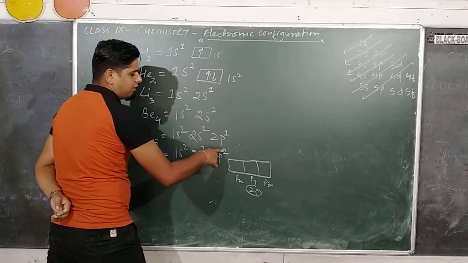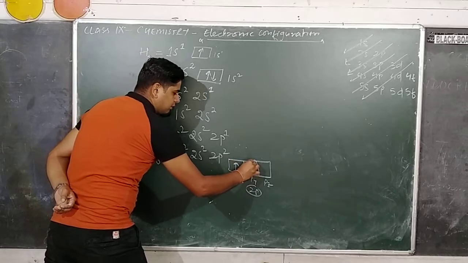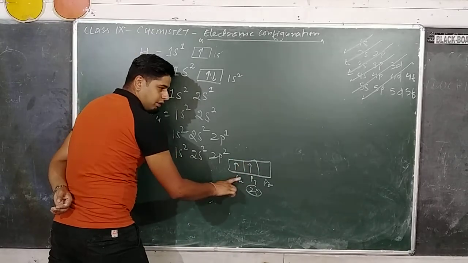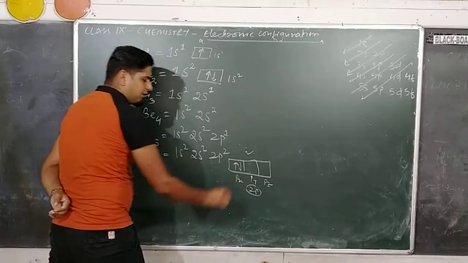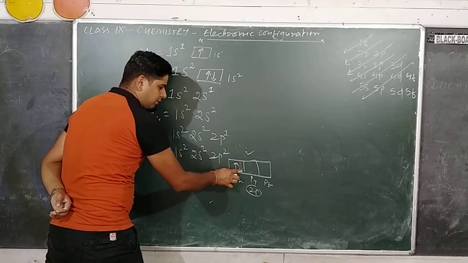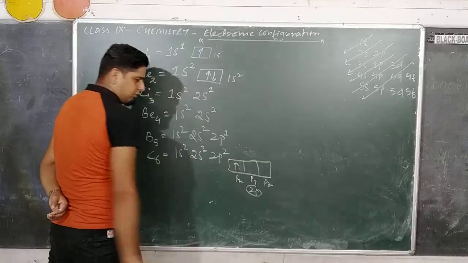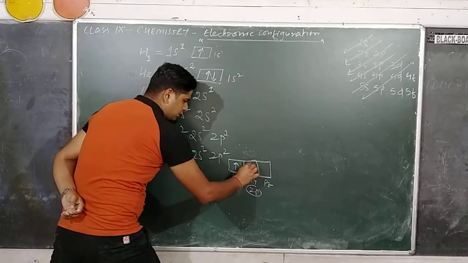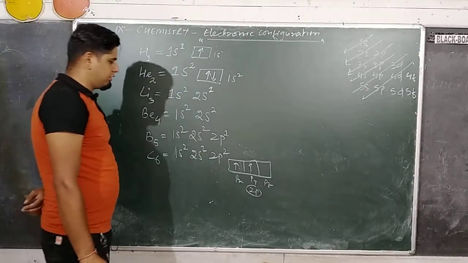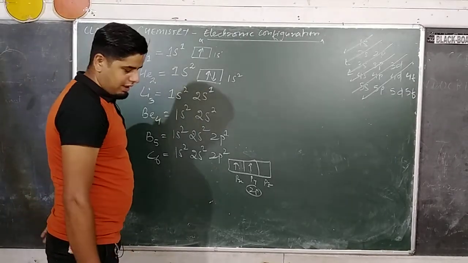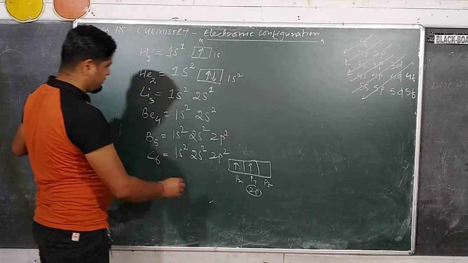In the 2p orbitals, 2 electrons. You have to put the electrons like this. This is the correct way. If you put electrons like this, it will be incorrect, because you have to fill each orbital with a single electron first. Yes or no? Got it? Understood? Carbon. And similarly, you do homework.